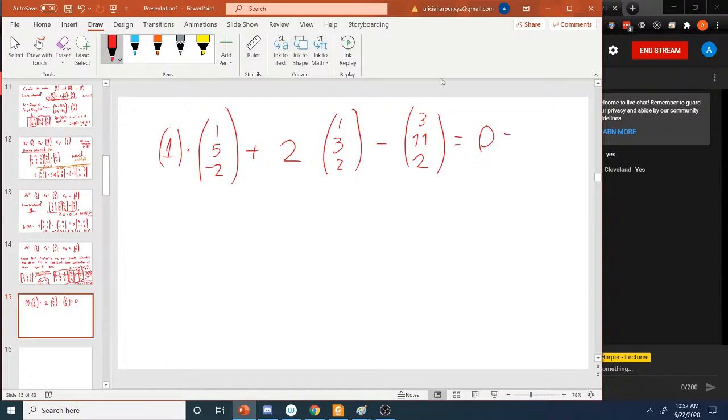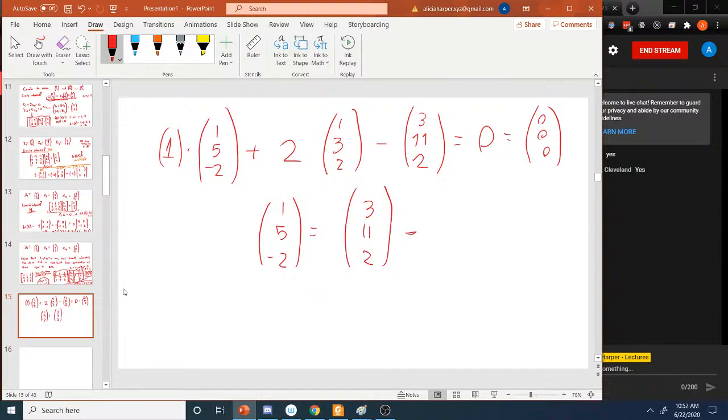Or actually, I'll just say this is the 0 vector. So, using row reduction, I'm able to obtain specifically a linear dependence relation. Note that by our first theorem of the day, this is the same thing as expressing the vector 1, 5, negative 2 as 3, 11, 2 minus 2 times 1, 3, 2. So this is how we actually find linear dependence relations.